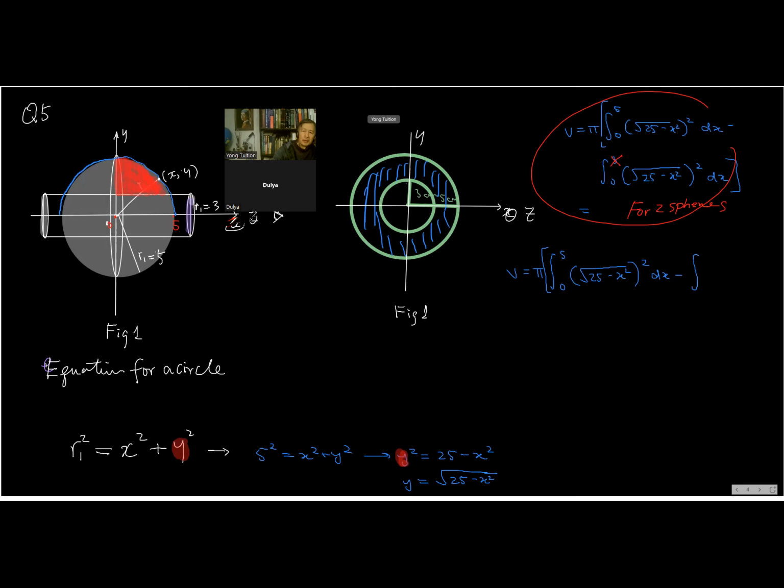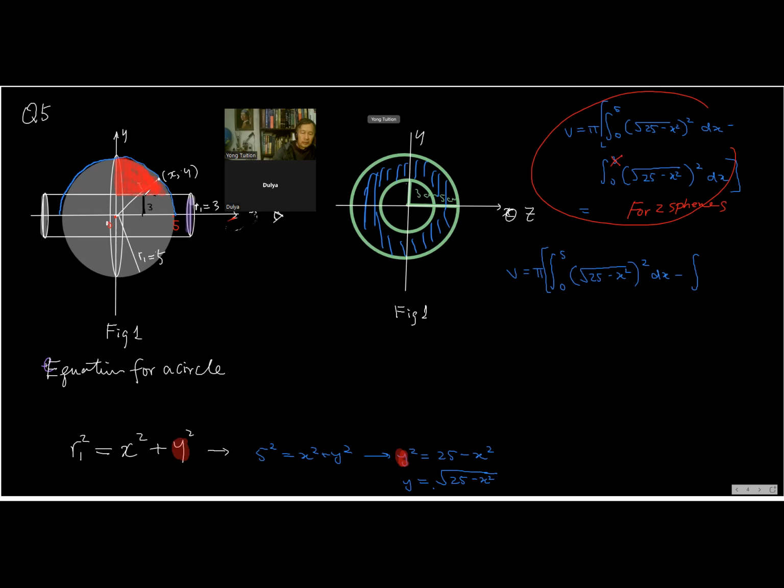If R1 equals 3, what is y in this case for the cylinder? What is y? In the cylinder, anywhere, what is y? No, no. Can you see this is y? And this y is always equal to 3. Do you agree? So it's 3.